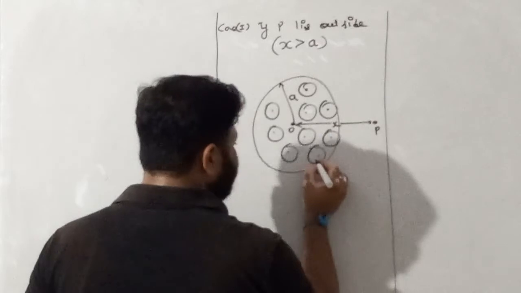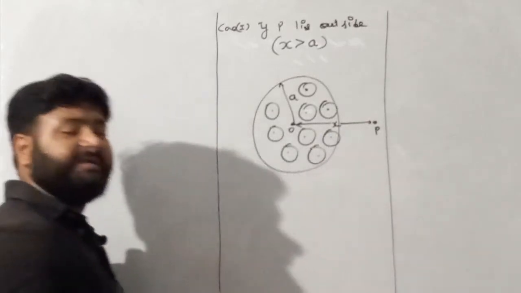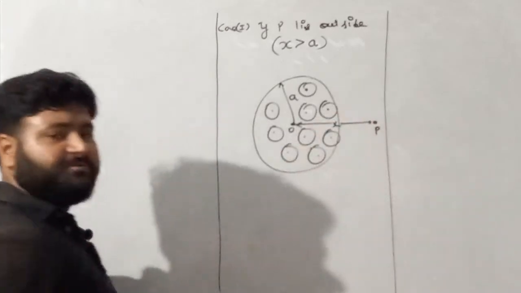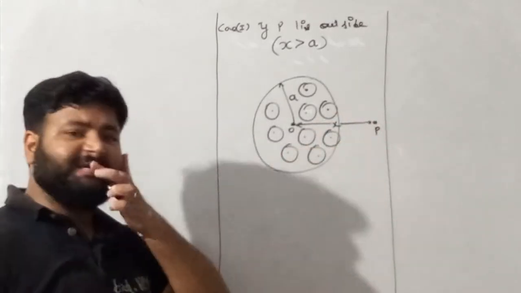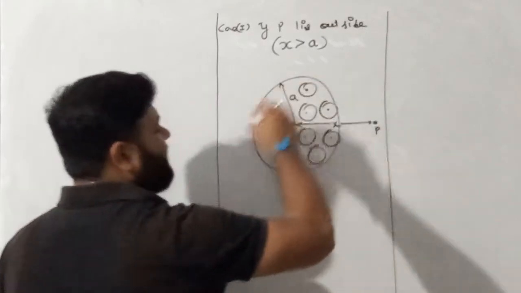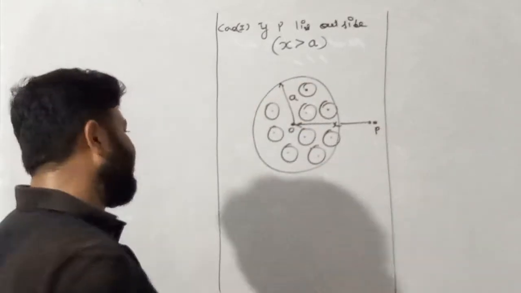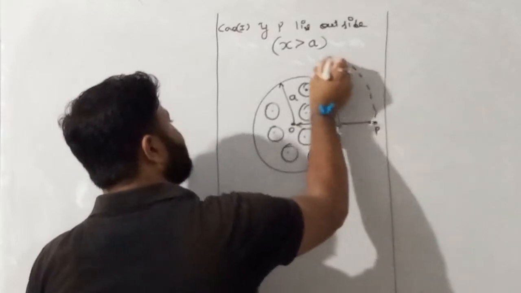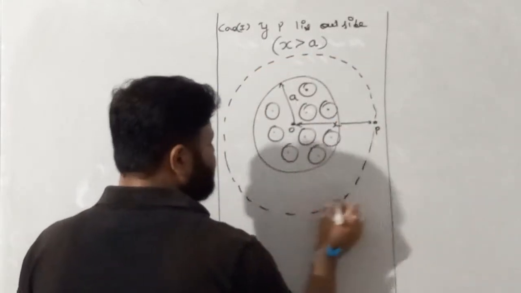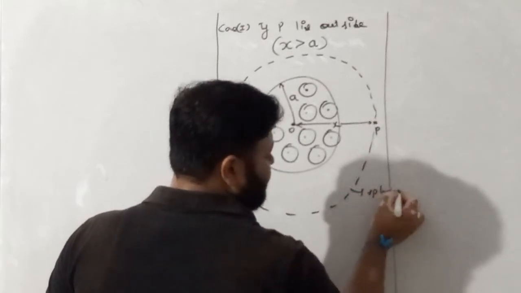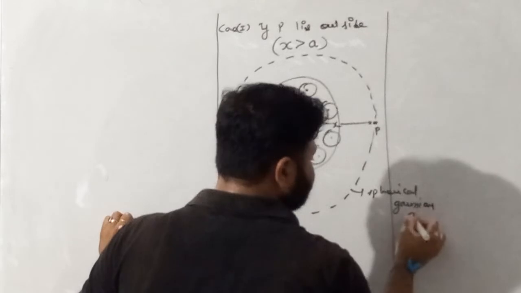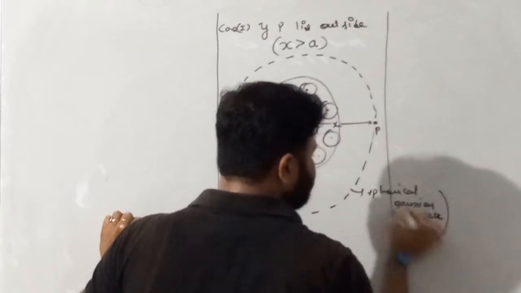Total current flowing in the wire is I. Now see, if P lies outside and we want to find the magnetic field at point P, first of all, we have to enclose the point P with a Gaussian surface. And remember, the Gaussian surface must be spherical in shape. So this is basically the spherical Gaussian surface.